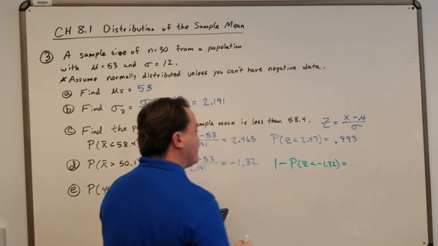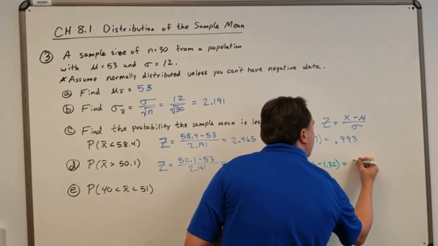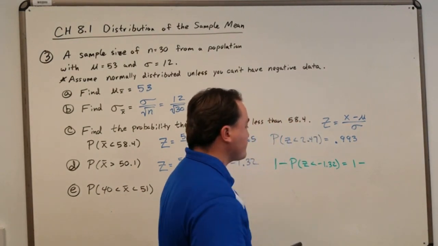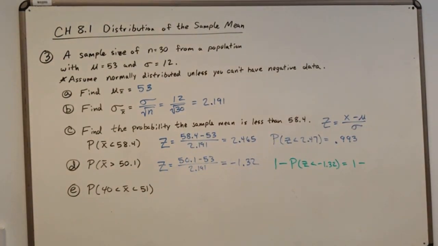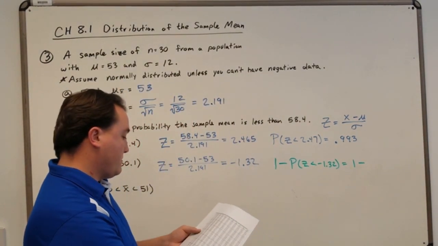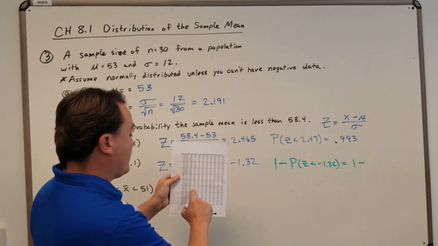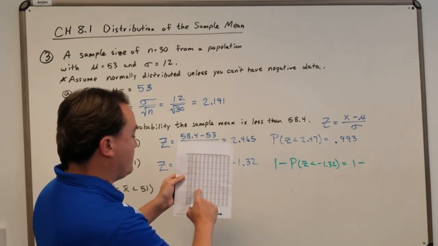So that's 1 minus. Look at our table for negative 1.32. So negative 1.32 is right here, that's 0.093.